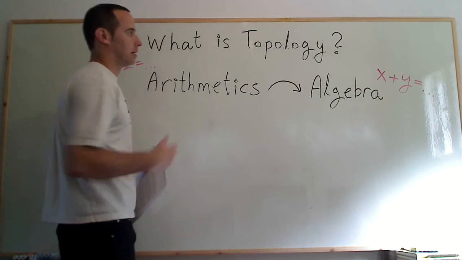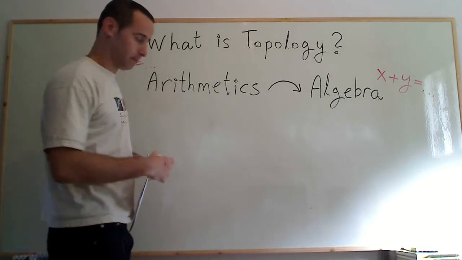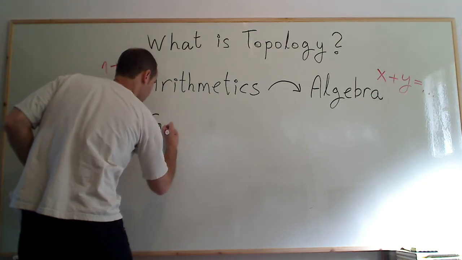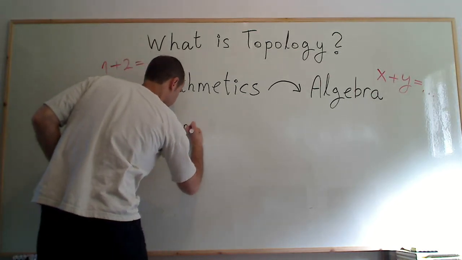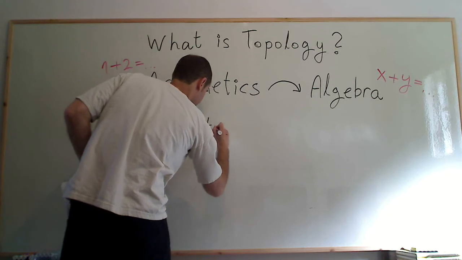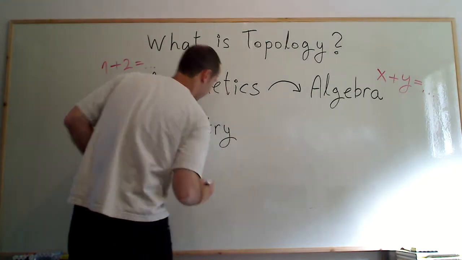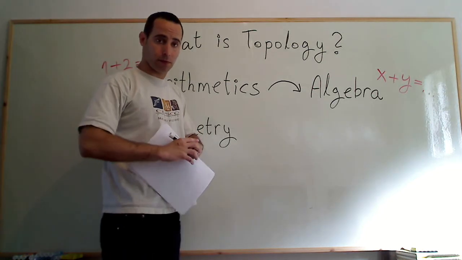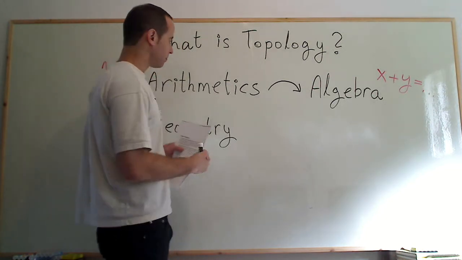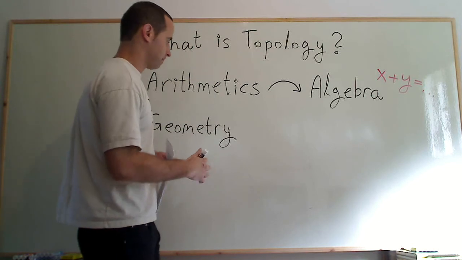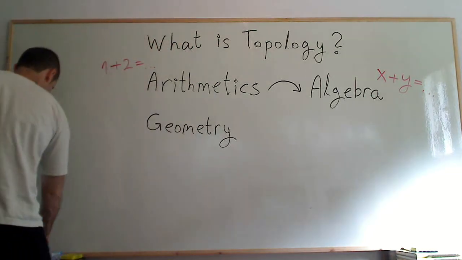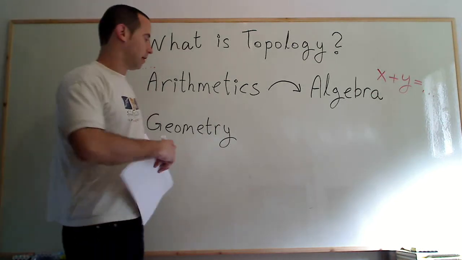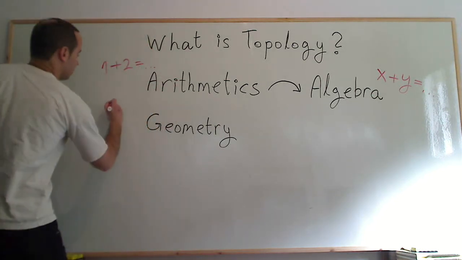Okay? So in the same way, we want to see where topology came from. It's like the generalization of geometry. If we take geometry, that came all the way back from the Greeks, from Euclid, and he talked about specific shapes, very concrete.